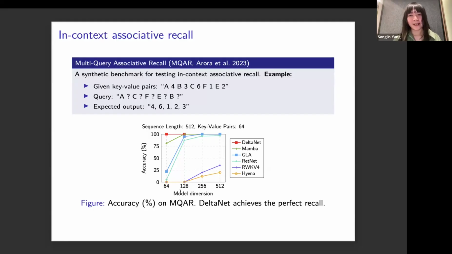I won't say DeltaNet can solve an arbitrary MQAR problem. It depends on the model dimension. Because in this case we have 64 key-value pairs, and ideally the model should be able to memorize all of the key-value pairs using a 64 model dimension.